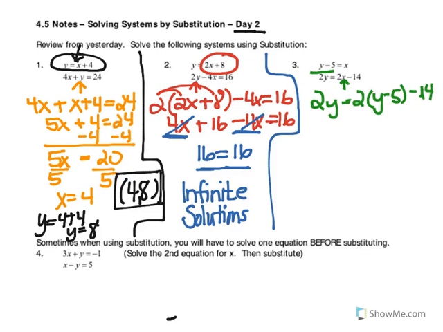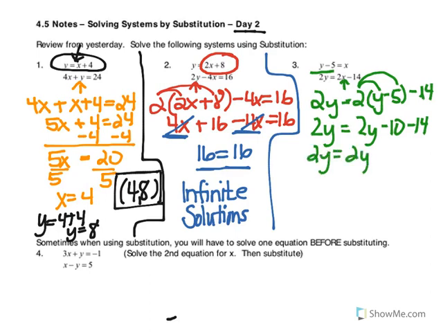Okay, so we have 2y equals, and let's distribute, 2y minus 10 minus 14. So I have 2y equals 2y minus 24.